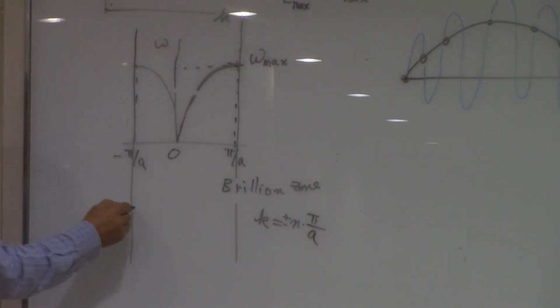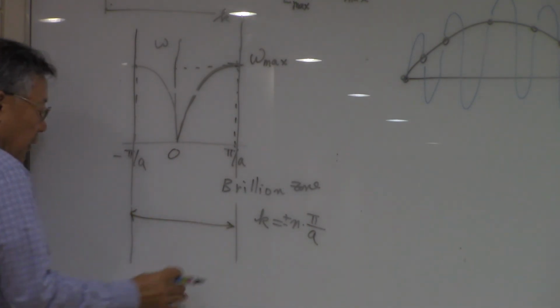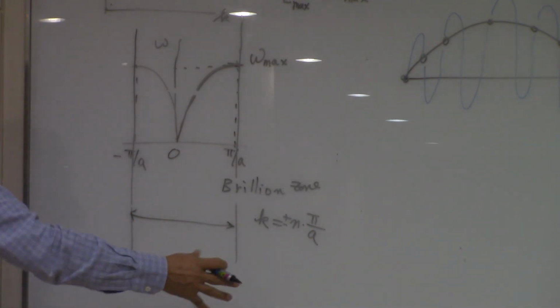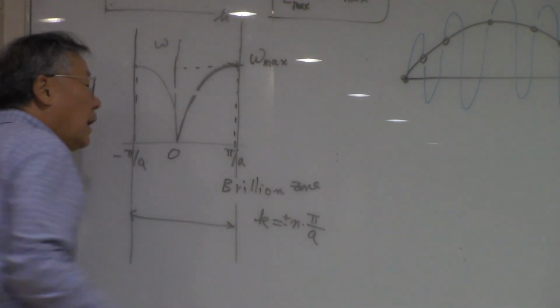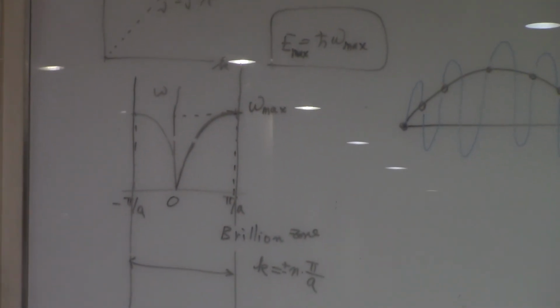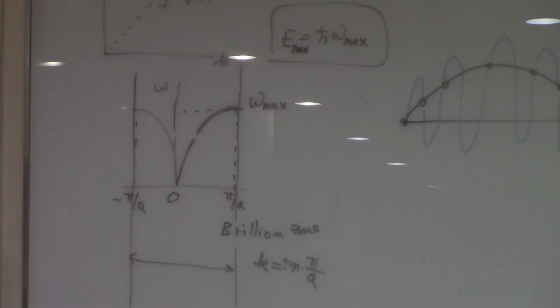Okay, so this is the first Brillouin zone, and then the next one is the second Brillouin zone, things like that. So, what is the physical meaning of this? Why does a solid have the maximum energies?